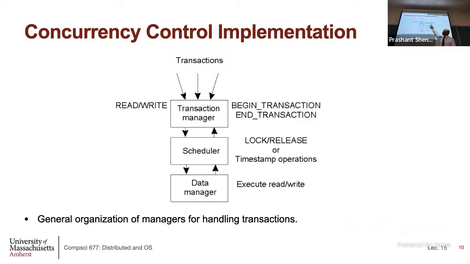It is layered. There are three components. There's a transaction manager at the top that essentially tracks begin and end transactions, and it says, should I commit or undo? So our workspace and undo logs are all handled at that level. There's a scheduler below. That scheduler is the one that's actually getting locks on data items that a transaction is modifying.